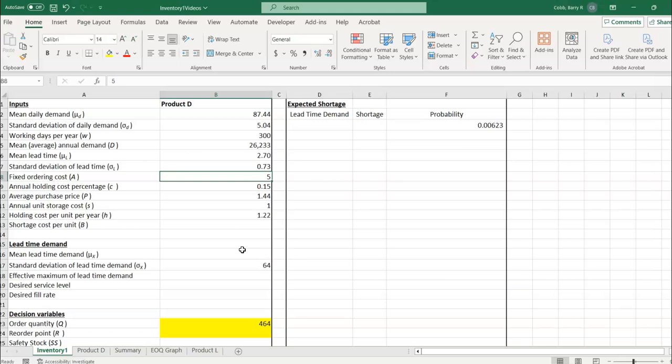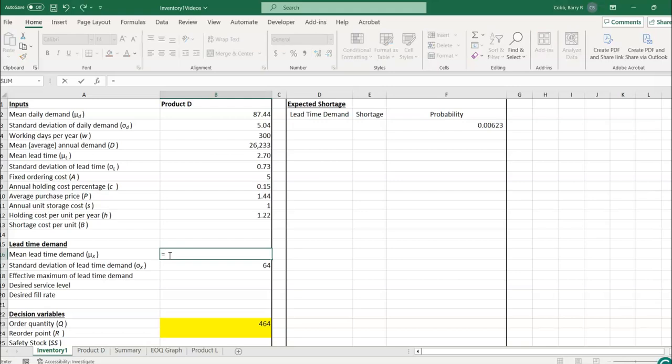Okay, and so in terms of the lead time demand, here we have the lead time, and here we have a random variable daily demand. And so if per day we have 87 in demand, approximately, and our lead time is 2.7 days, then the lead time demand, in other words, the number of customers who want to buy after we order, but while we're waiting on our inventory, would just be the average daily demand times the average lead time.